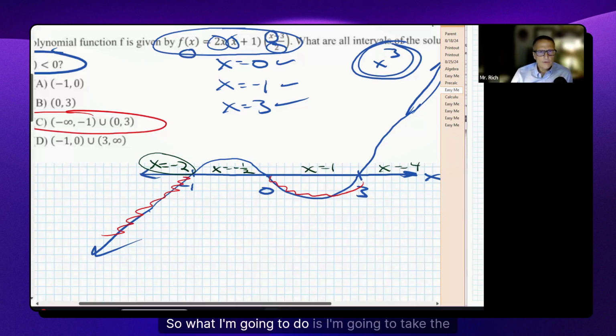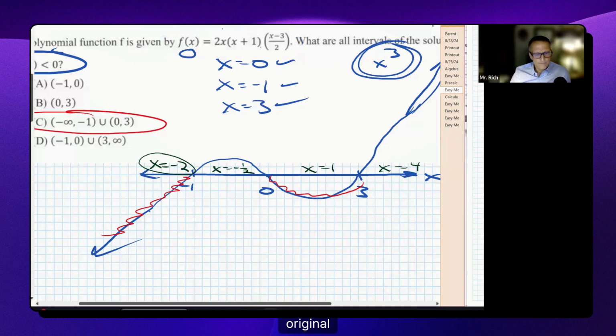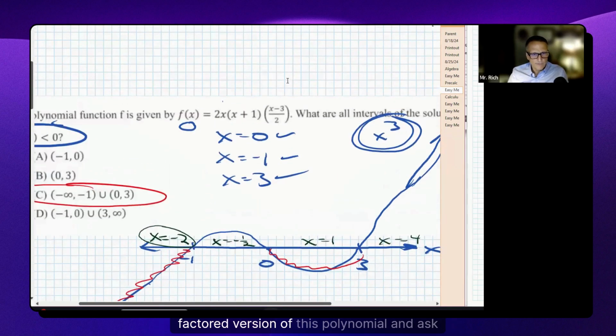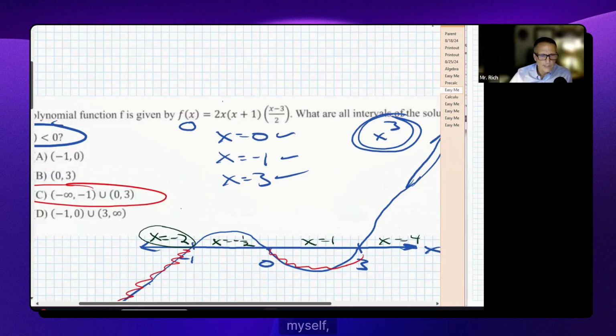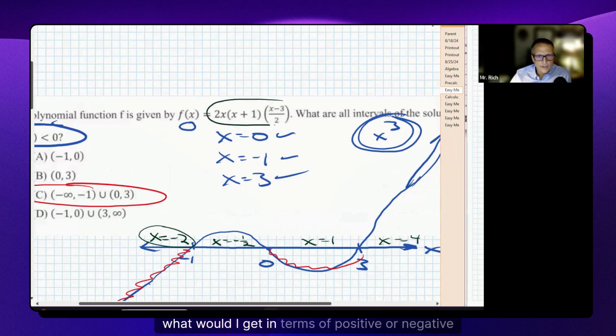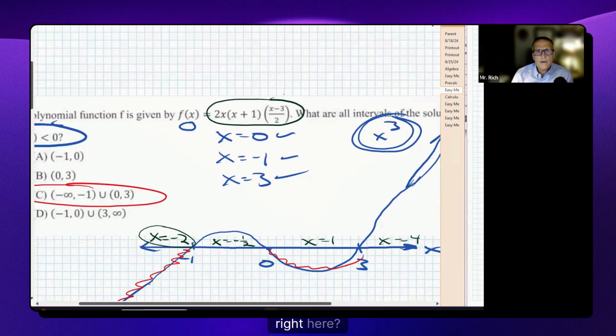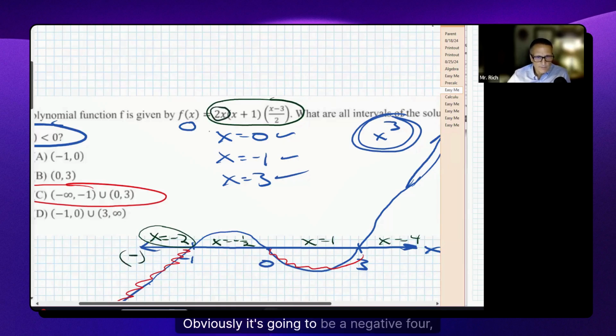So what I'm going to do is take the original factored version of this polynomial and ask myself, when x is -2, what would I get in terms of positive or negative right here? Well, if x is -2, that factor will be negative. Obviously, it's going to be a -4, but I really don't care what the number is. I just want to know positive or negative.